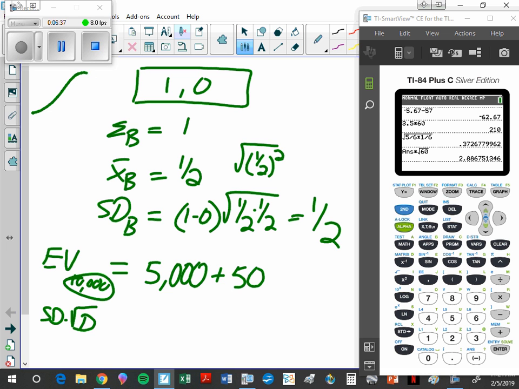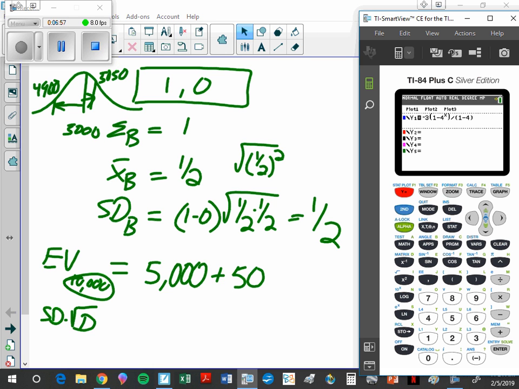So we want to know if our average is at 5,000, and 4,900 is over here, and then 5,050 is right there. So basically, we are 2 SDs below and 1 SD above. So I will need to do shade norm.